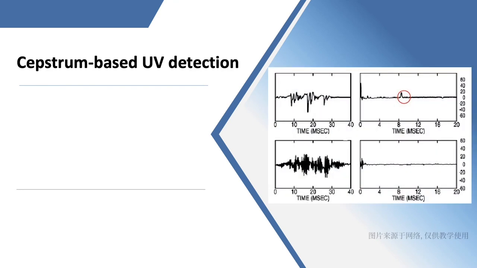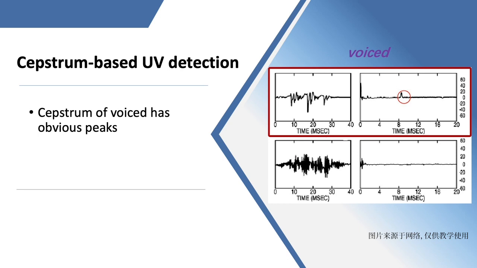The cepstrum method can be used for unvoiced and voiced detection. When the glottal excitation source is voiced, its complex cepstrum is not zero only at points that are multiples of the pitch period, and zero at other points.